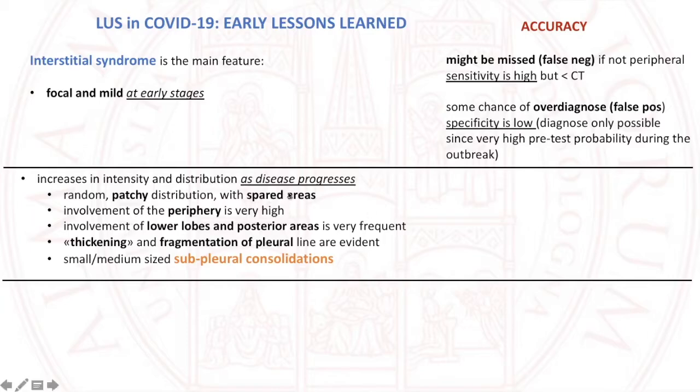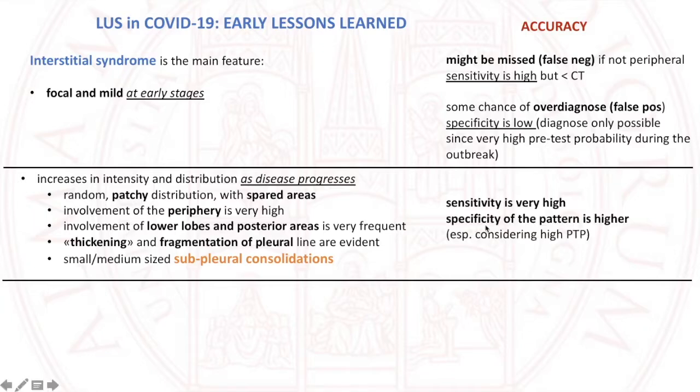Spared areas are very classic and very important to assess. Involvement of the periphery, as said, and usually of lower lobes and posterior areas. Then the thickening, as said, and fragmentation of the pleural line, and some subpleural consolidations that might appear.